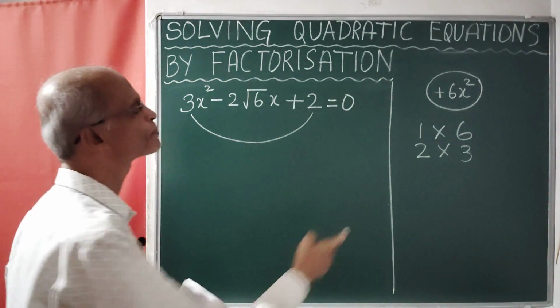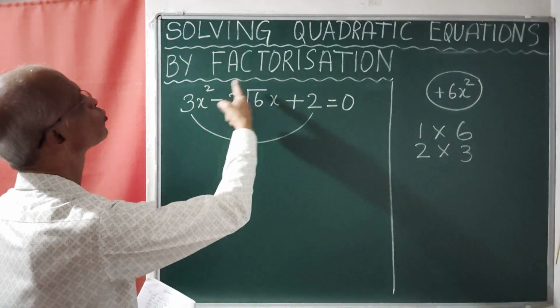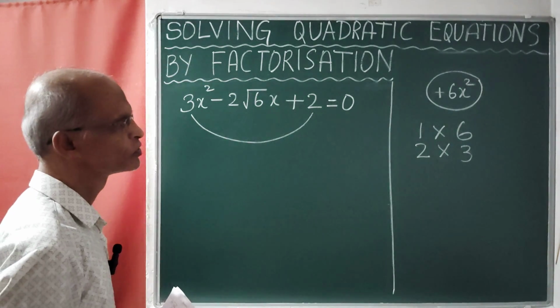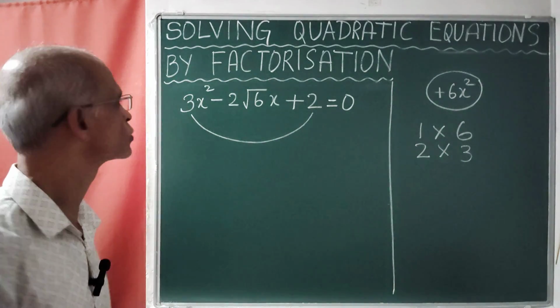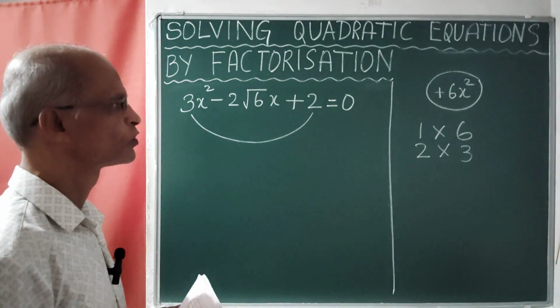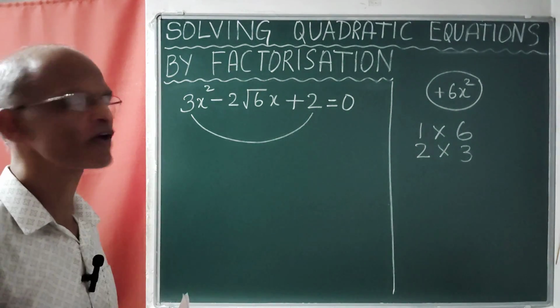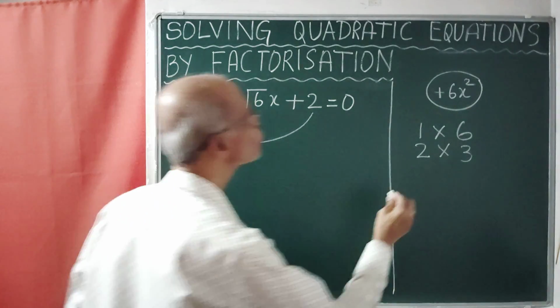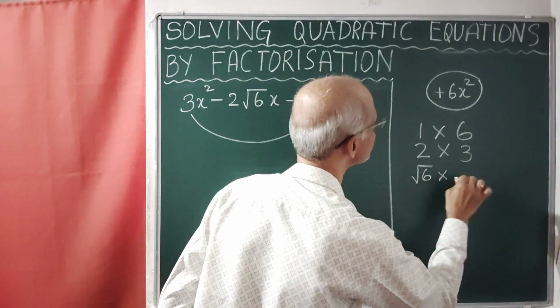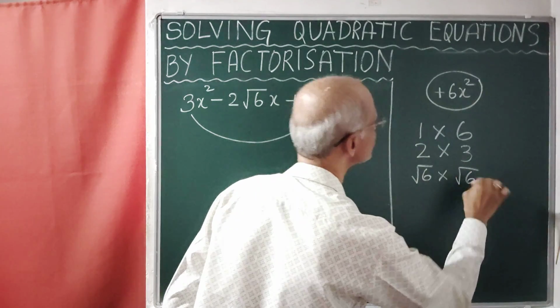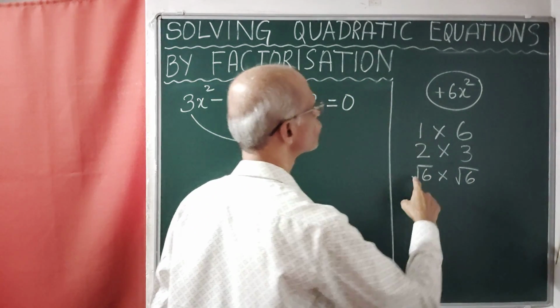Now, which pair of factors can give me 2 root 6? These two pairs of factors can't give me 2 root 6. So I have to find one more factor. That is, root 6 is also a factor. Root 6 into root 6, we get 6.